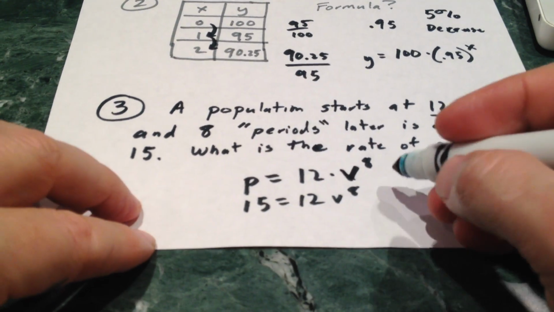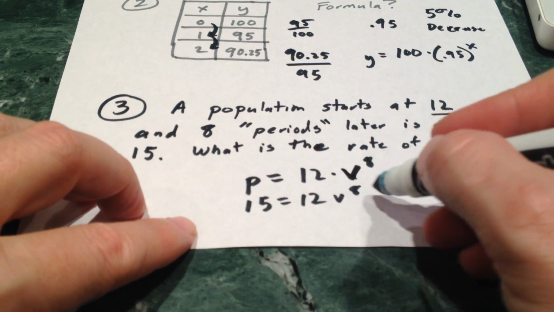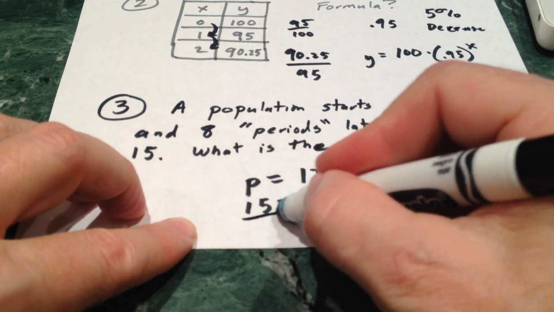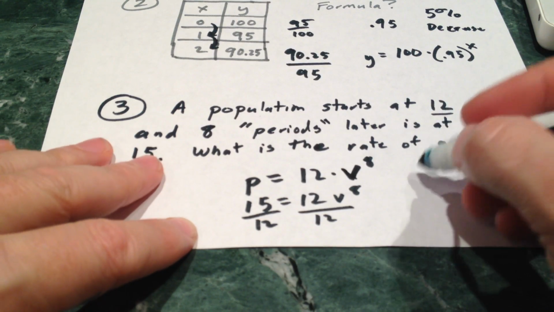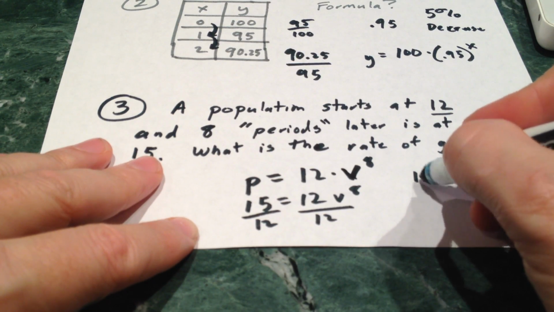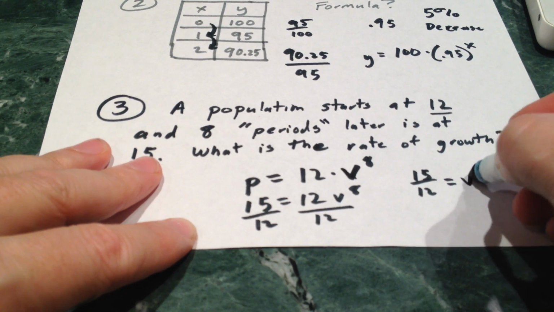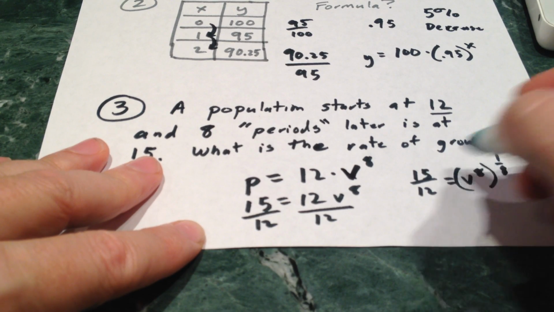So now this really looks like a power function, which we've looked at before. So the way to find out the answer of what this thing is, I divide the 12 by the 15. I get 15 twelfths, or whatever that happens to be. I worked this out already. Equals v to the 8th. And then I'm going to undo that by raising both sides to the 1 eighth.